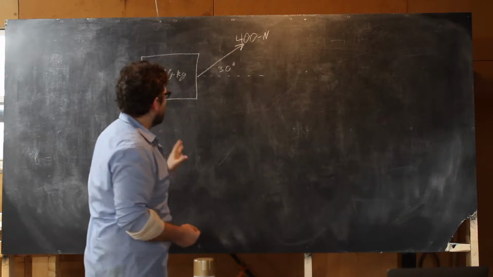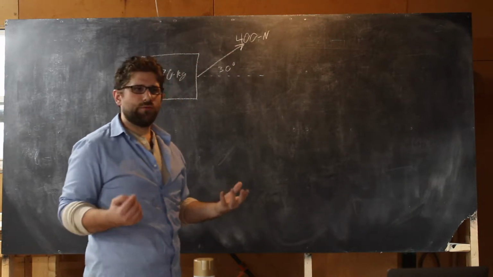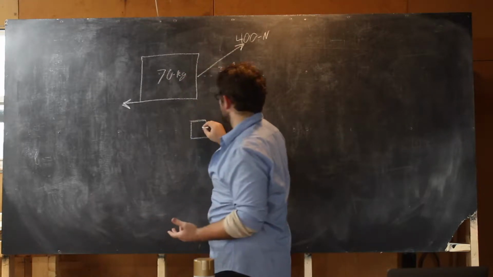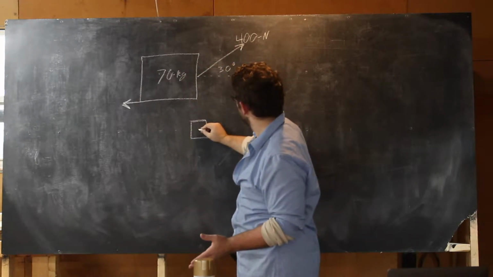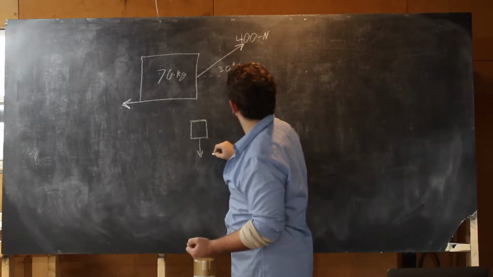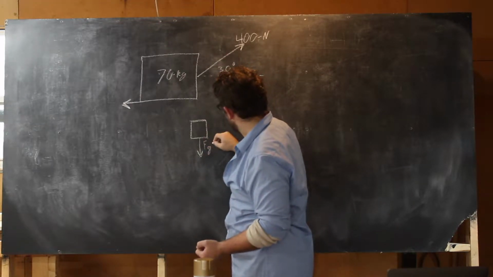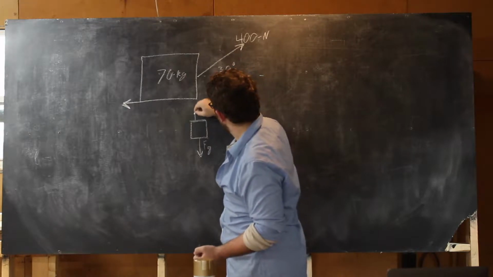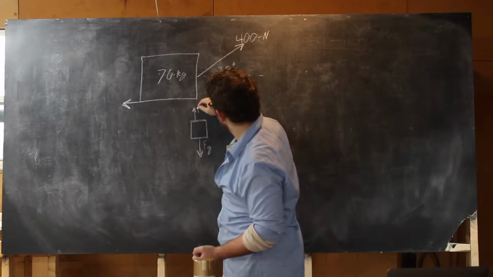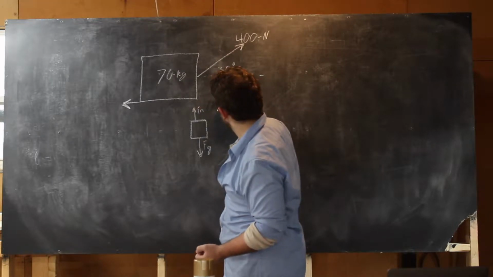So let's do a free body diagram so that we can figure out all the forces we're working with. I'm just doing a small one right here. I've got a downward force of gravity. I have a reactionary force of Fn.